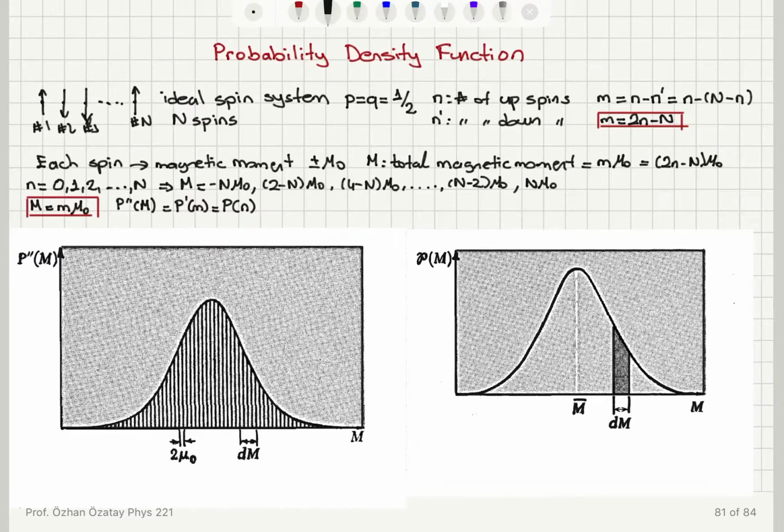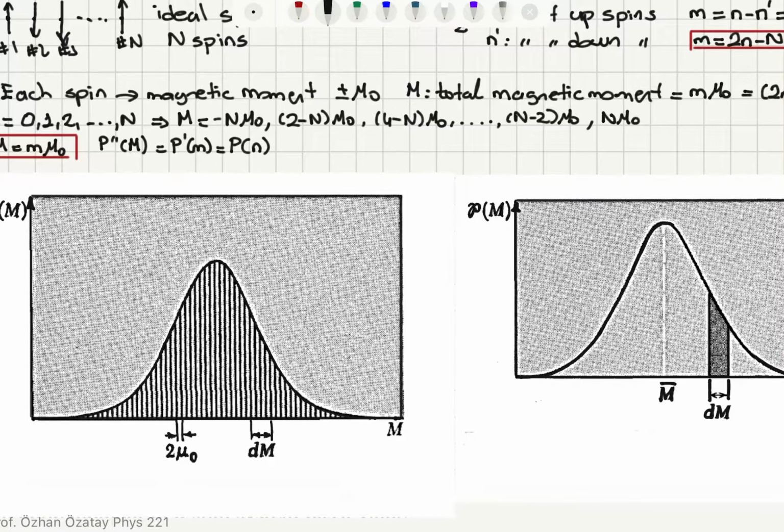If you look at this distribution in detail, you can see that if I'm close to the mid values for capital M, so close to the average value of capital M, somewhere in this range here, the variation of the probability distribution becomes less and less important, especially if I'm really close here. You can see that it's almost a constant.